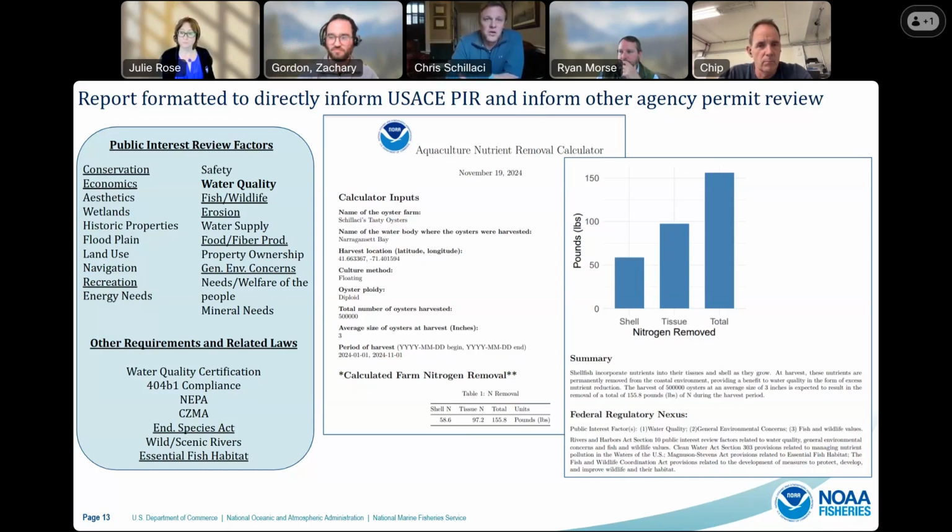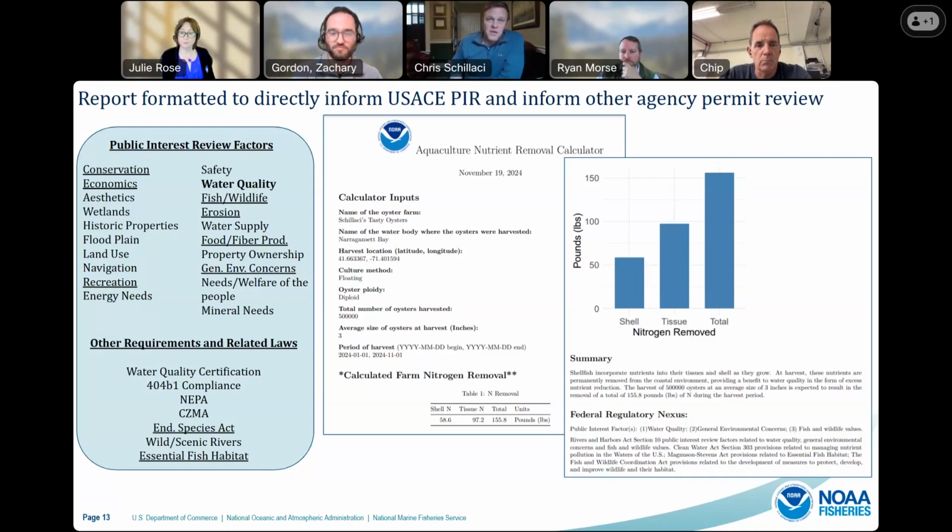The idea is to take a look across. As we probably all know, at least those that have been through the permit process, it's a lot easier to calculate the potential adverse effects than it is to calculate the potential beneficial effects. But the public interest review process charges them to do that.